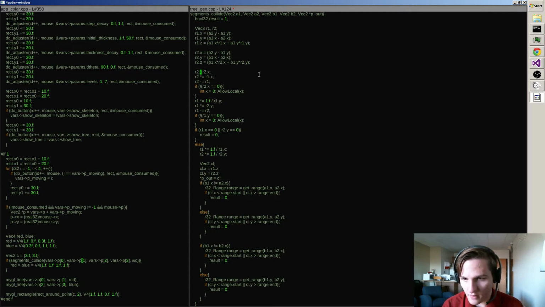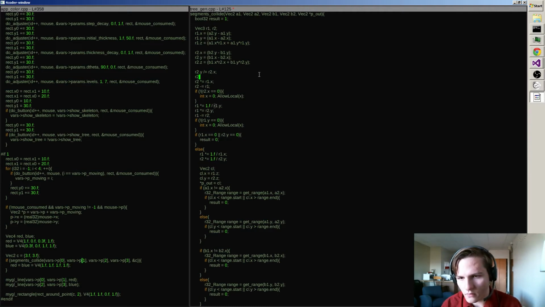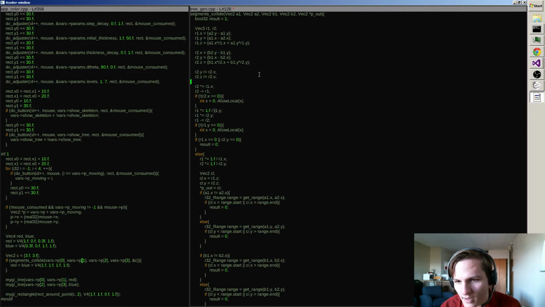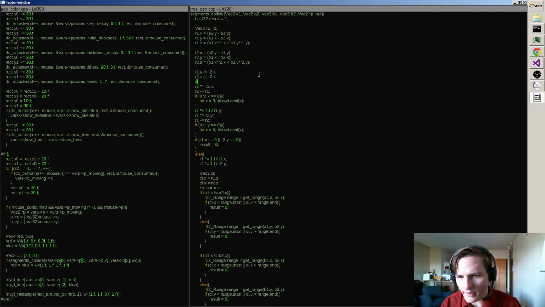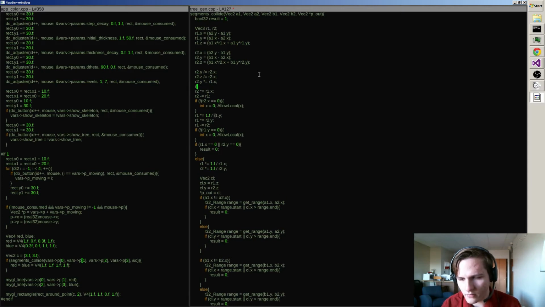But if I say that... I'm just going to have to go ahead and optimize R2 a little bit, and by that I mean getting rid of the extra operations, not actually measuring, so who knows if it's optimal. R2.x will become 0. Wait, not yet. R2.y times equals R1.x.